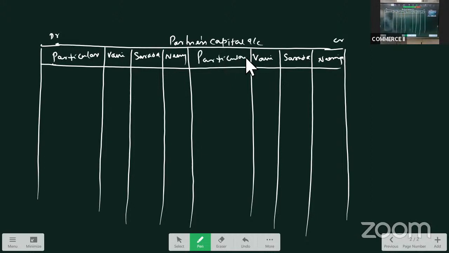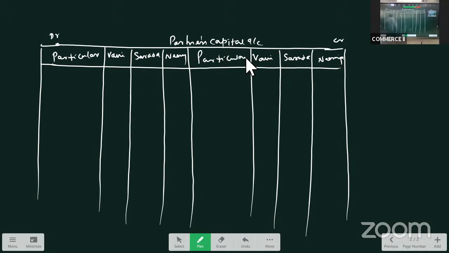I always tell you, whenever we are preparing the partners' capital account, usually we get 4 items on the credit side. What are those? First one is capital of the partners. Second one is goodwill. Third one is accumulated profits or losses. Fourth one is revaluation profits. So let us begin with the capitals.